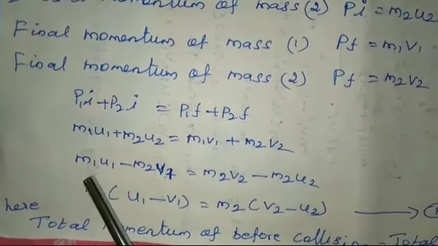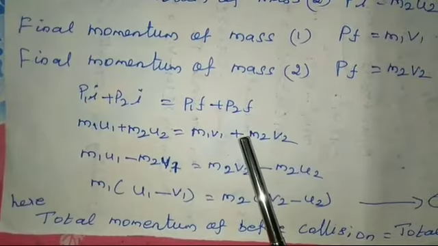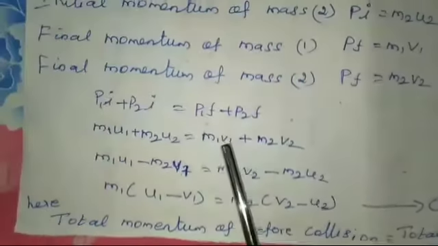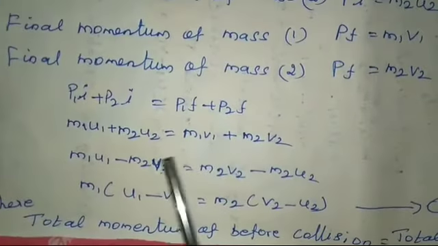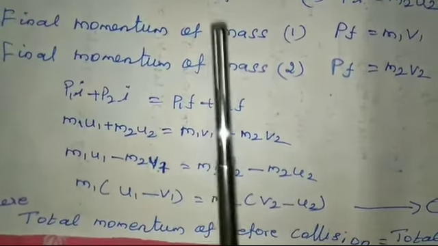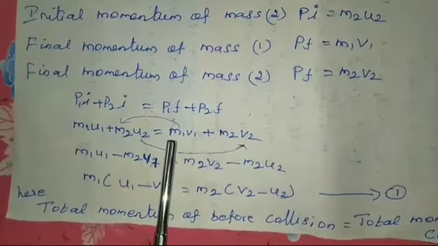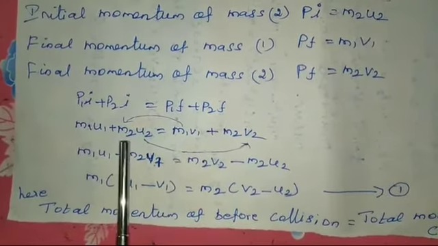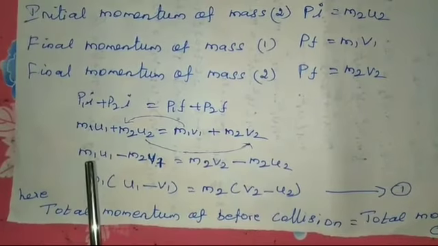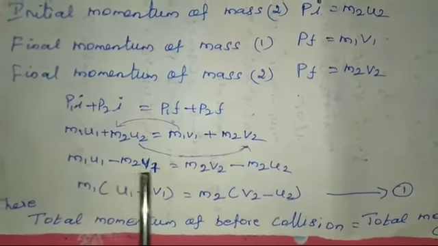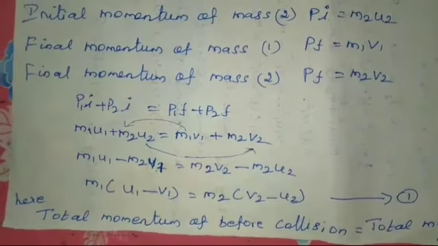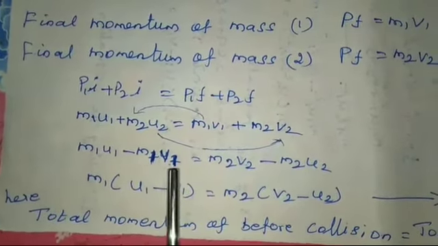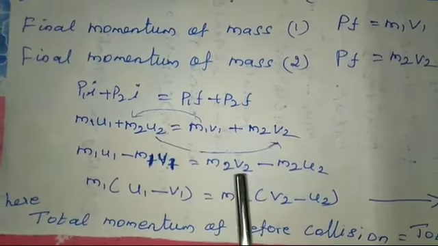Okay, here, taking m1 v1 to this side, m1 v1 coming this side, so plus changed into minus value. So m1 u1 minus m1 v1 is equal to m2 v2.